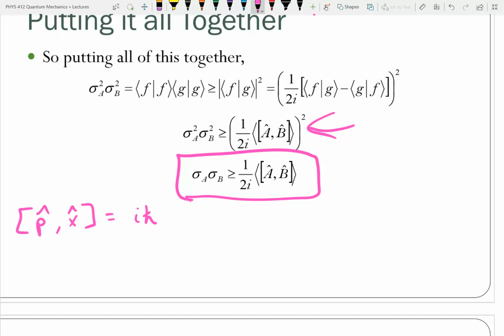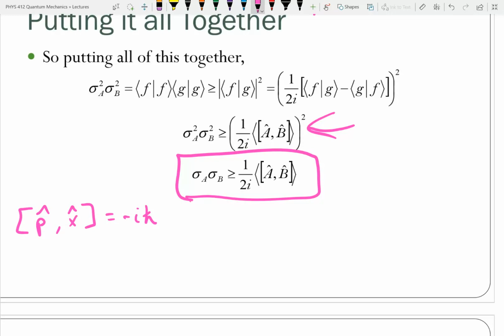Is it positive i h bar or negative i h bar? I think it's positive too, but because I'm the teacher, I have to know. So I'm just looking in the textbook because I don't feel like actually doing the commutator calculation again. At the very front, it's third one from the bottom on the left. Oh yeah, there it is. Okay. So XP is positive, so PX is negative then.